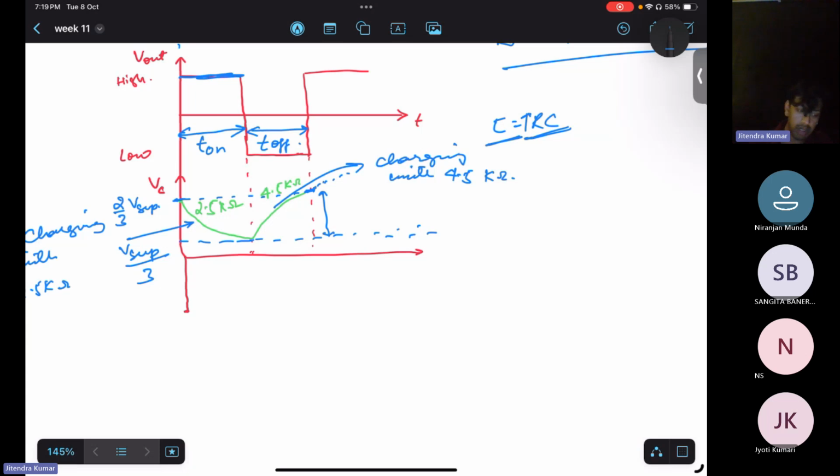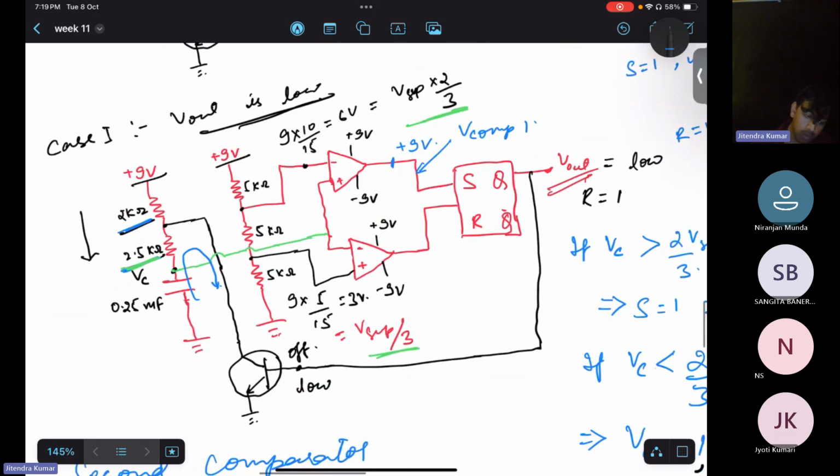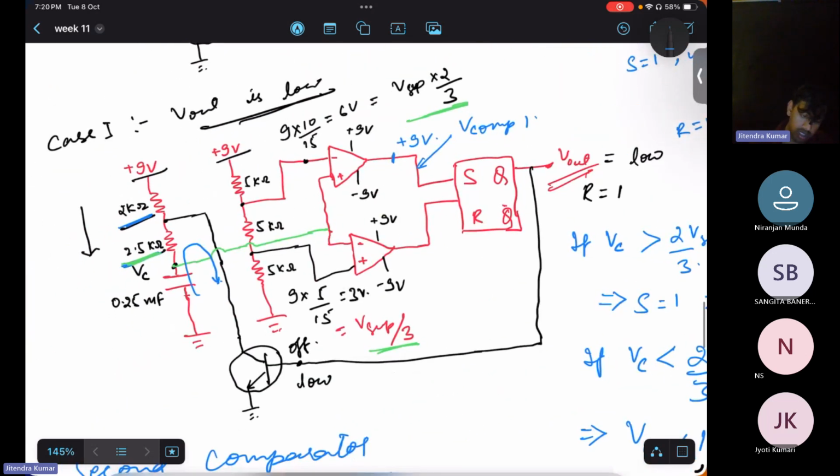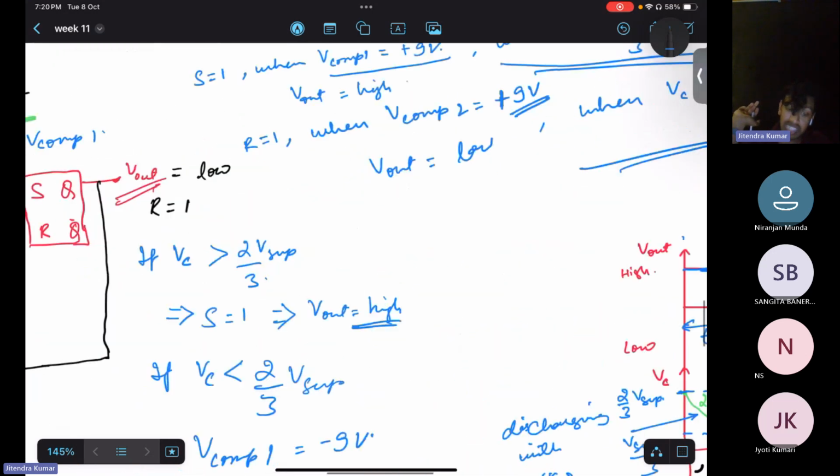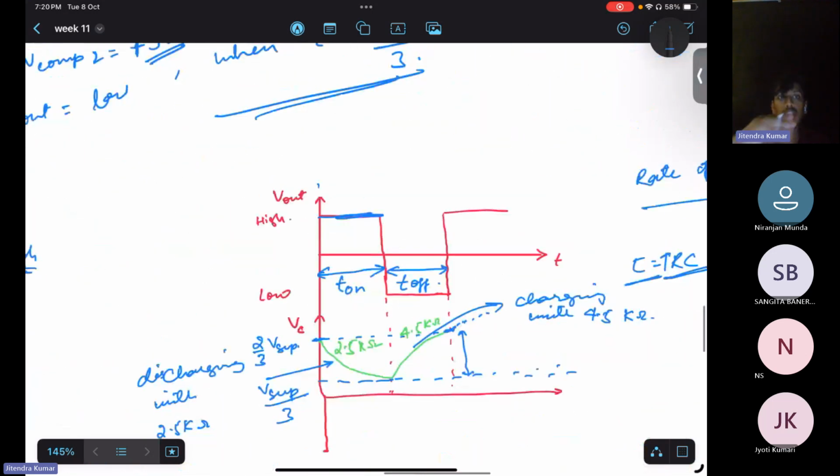Here the capacitor is connected to plus 9 volt, so in infinite time it would reach 9 volt. But it is forcefully stopped by the comparator and SR flip flop, restricted at 2 by 3 V supply.